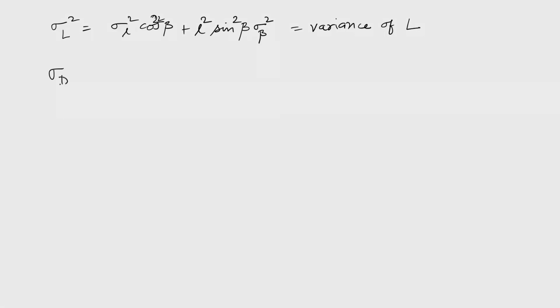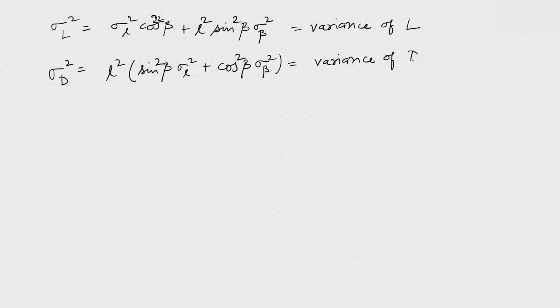The sigma L square is given by the square, that is nothing but the variance of latitude or L. Okay, what about the variance of departure? Given by L square sin square beta sigma L square plus cos square beta into sigma beta square, that is the variance of departure or D.